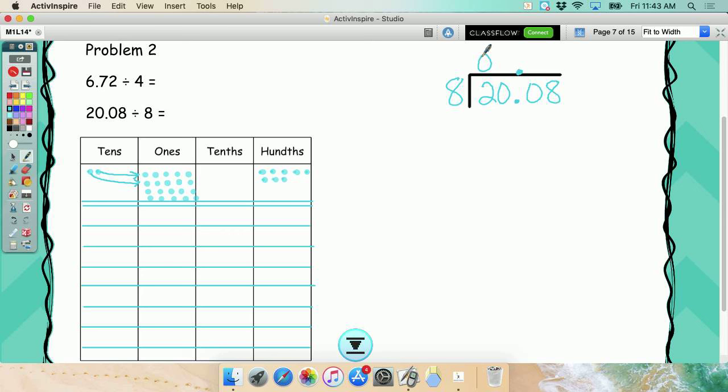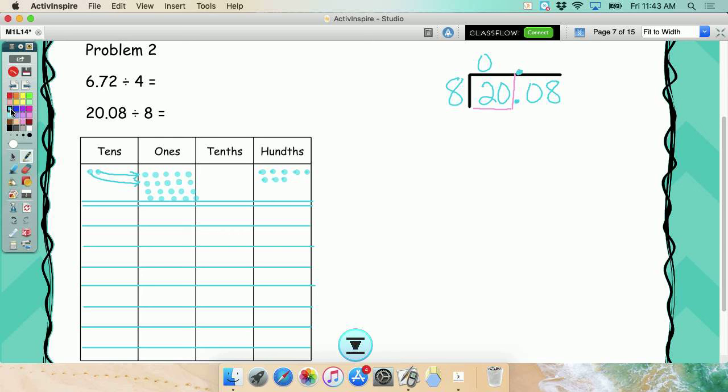Another thing I do is I tell the kids to chunk it. So I'm looking at the 20 first, aren't I? Okay, so I've got 21s divided into 8 groups. I guess I'll pull a stick here. This is Miranda. So I've got 20 divided by 8.